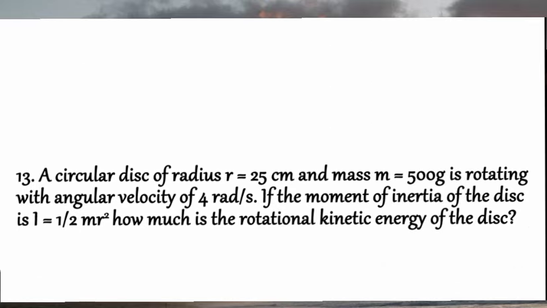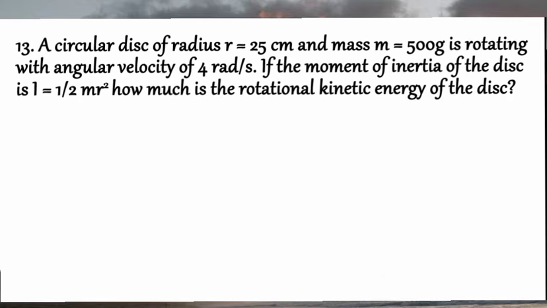Question number 13. A circular disc of radius r 20 cm and mass m 500 gram is rotating with angular velocity of 4 rad per second.